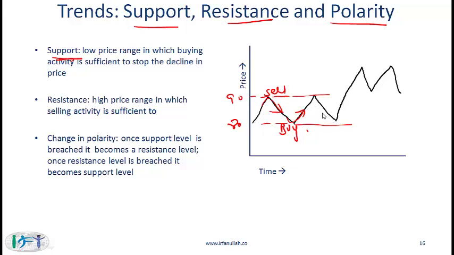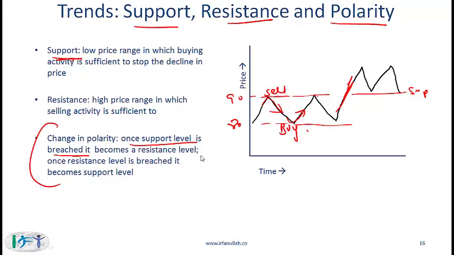If we have a situation where the old resistance now becomes the new support level, in other words, the stock has broken out of this particular pattern, then we say we have a change in polarity. So just to read this out, once the support level is breached, that's happening over here, it becomes a resistance level. And once a resistance level is breached, it becomes a support level.